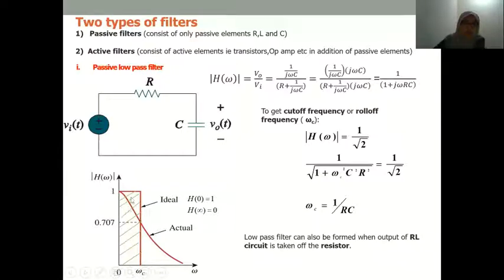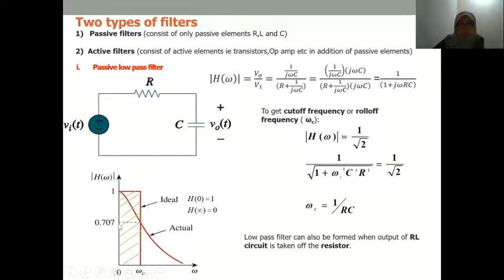For the low pass, when your omega is equal to 0, your magnitude is equal to 1. When your omega is equal to infinity, 1 divided by infinity, so the magnitude is 0. So you have this actual curve, where at 0 it is 1 and at infinity it is 0.